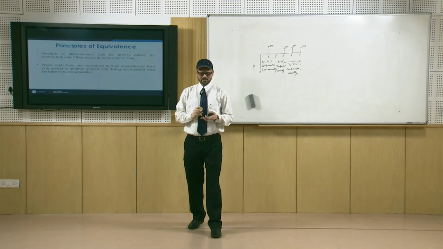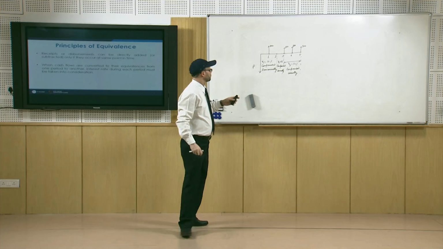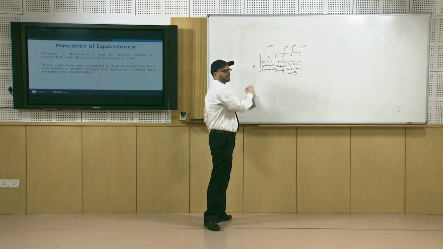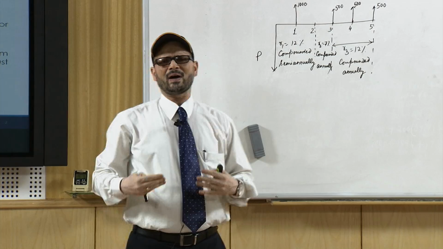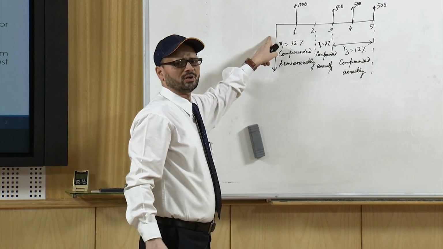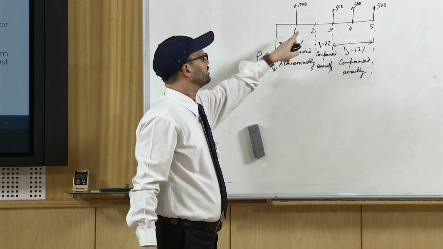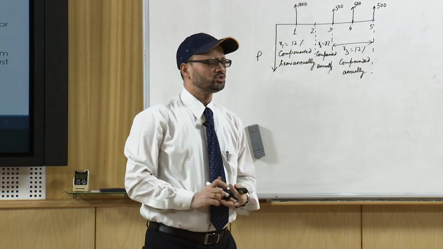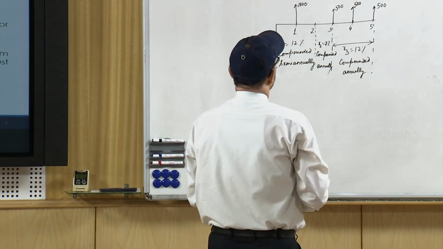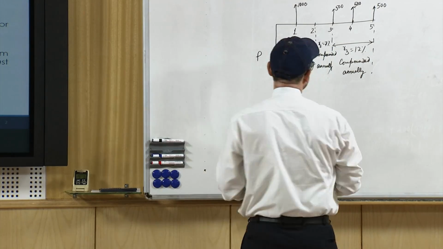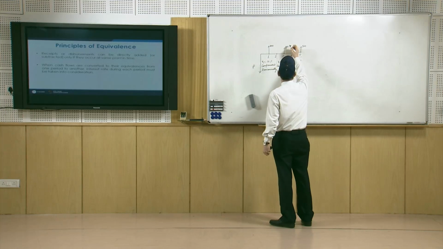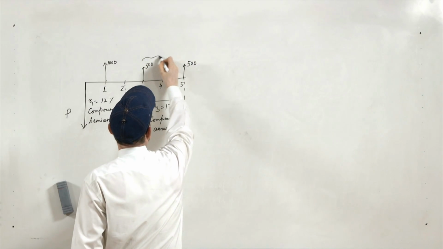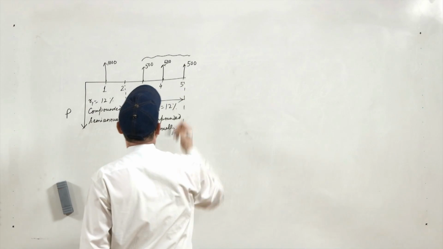Now, what we see in this question is that the interest rate varies during the periods. How do we find the equivalent present worth value P for this cash flow diagram? For the equivalent present amount, we have to find the equivalent value of this series at this time.